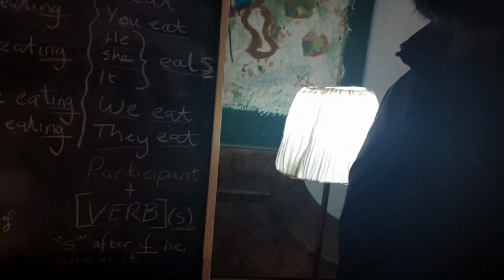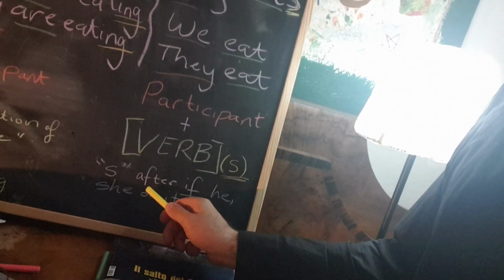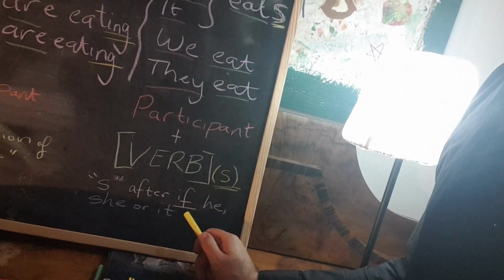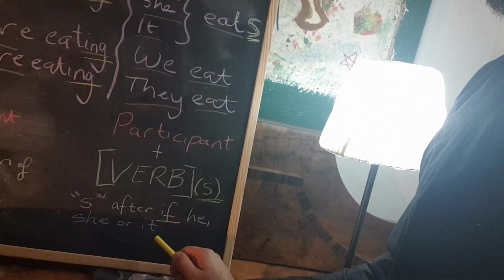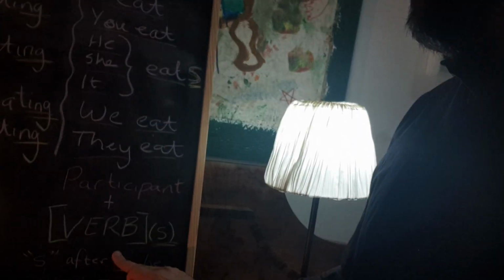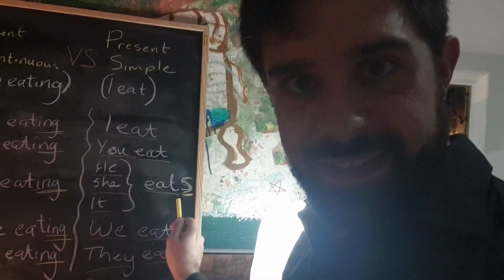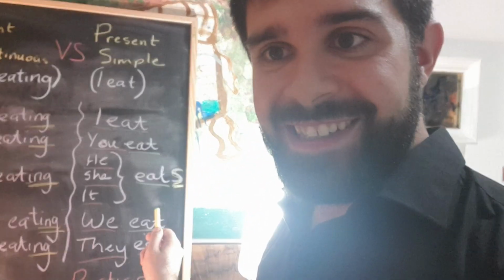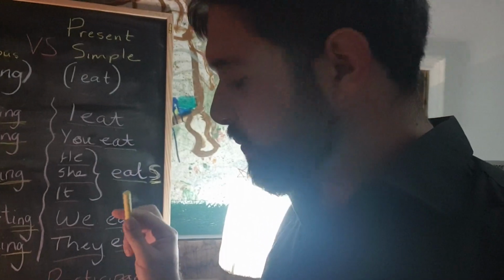So you can see here that we do use the S after he, she, or it. He eats, she eats, it eats, only after he, she, or it in the present simple.